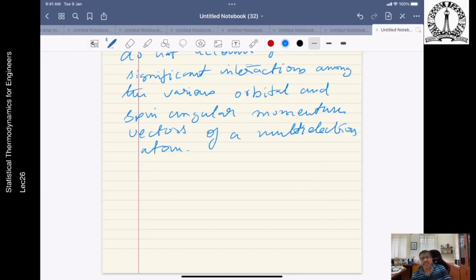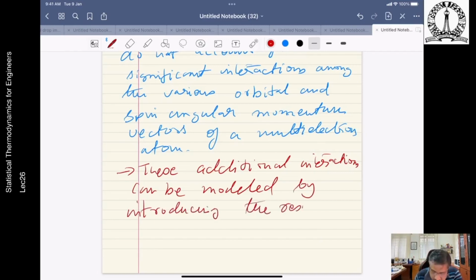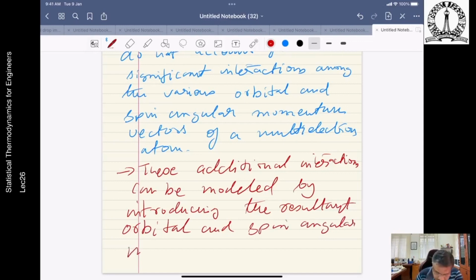So these interactions can be modeled. These additional interactions can be modeled by introducing the resultant, mark the word resultant, orbital and spin angular momentum vectors.